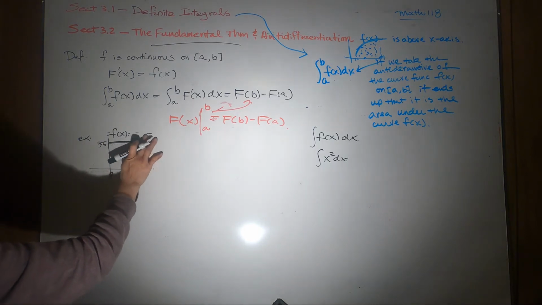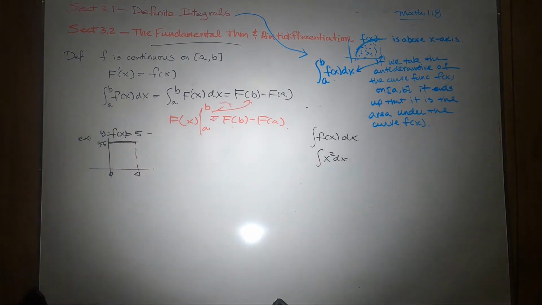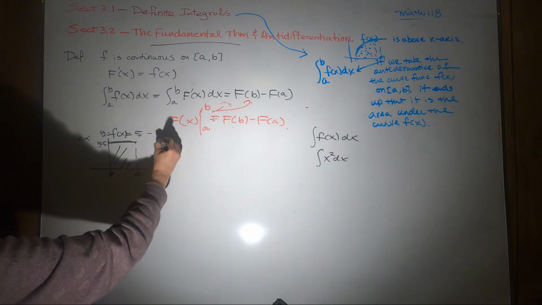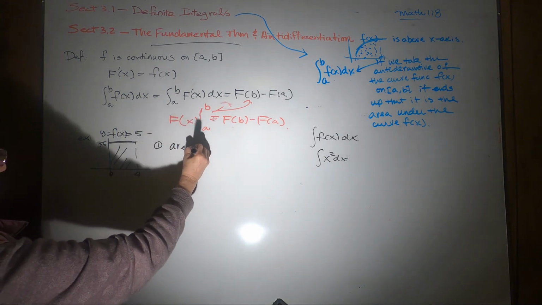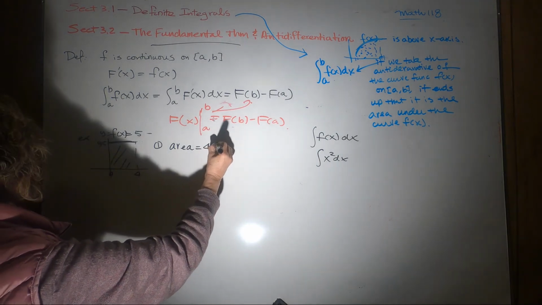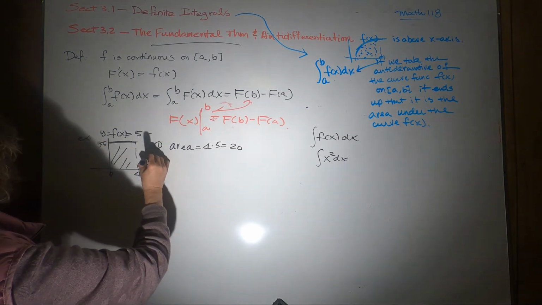Then what do you think this area will be? If I do area, I should have base times height, 4 times 5, right? That will be 20.